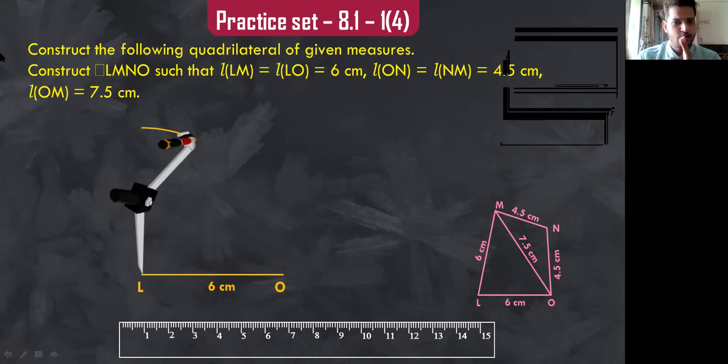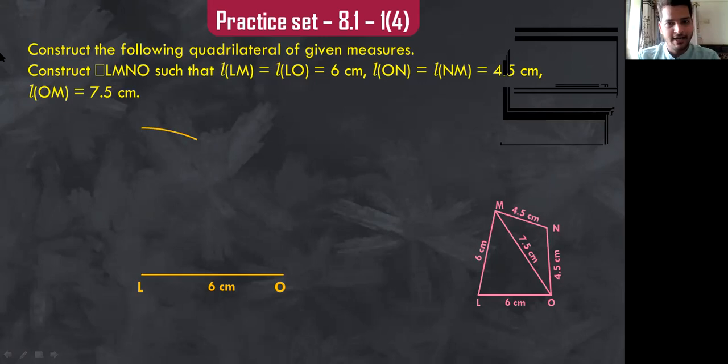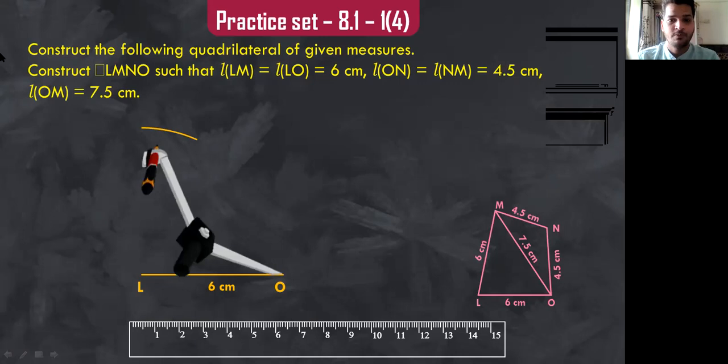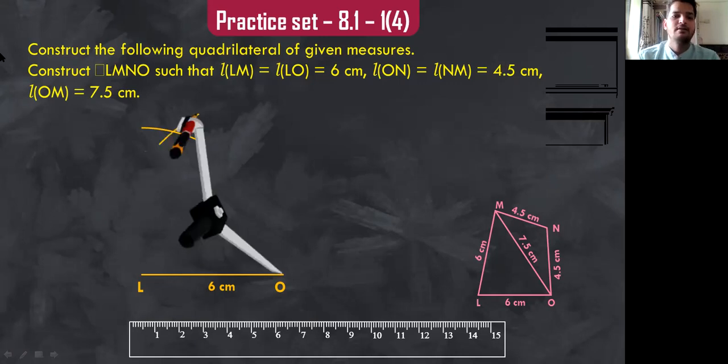One more thing which we can observe from the analytical figure is point M is at a distance of 7.5 centimeters from point O. So again we will take a compass, make a measure of 7.5 centimeters, but this time we are placing the compass on the point O and we are making an arc over there.